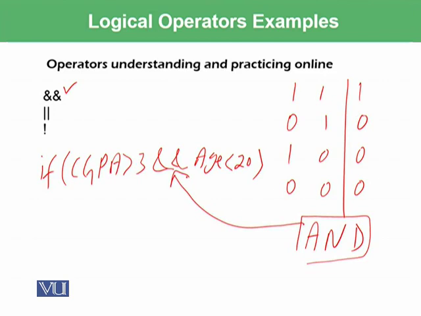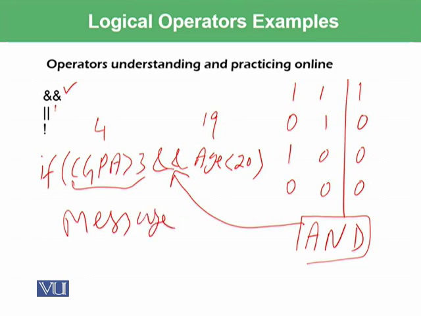You need to write two ampersands. For example, if his or her CGPA is 4, this condition becomes true, and if his or her age is 19, this condition is also true. If both conditions are true, then we will get this message, whatever we have written over here.